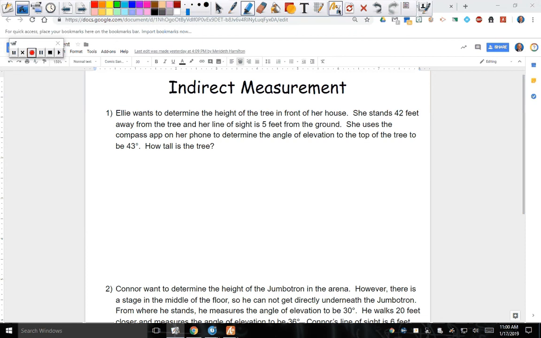Because special right triangles are only with what angles? 45, 45, 90 or 30, 60, 90. Okay? You're not going to have that depending on where you stand as far as for that flagpole. You with me? Alright. So, some of you are going to have different measurements. You figure out how far from the flagpole you're going to walk. Some of you may walk 10 feet.